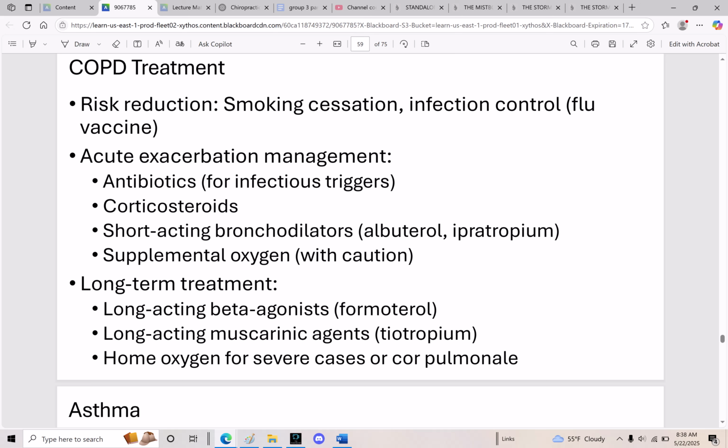Now, supplemental oxygen, the reason I say with caution is that usually the oxygen saturation shouldn't exceed 90%, okay? Why? Because people who suffer from emphysema rely on the receptors in the lungs to let them know when they develop hypoxemia.